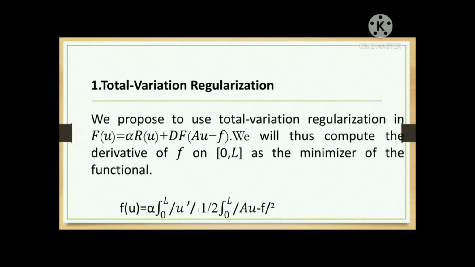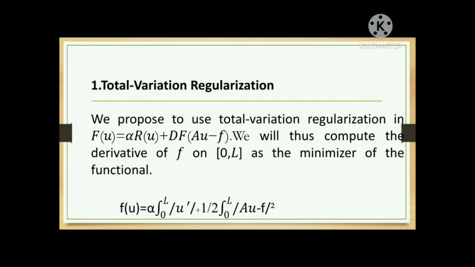Au(x) equals the integral from 0 to x of u, the operator of anti-differentiation. D_F(Au minus f) is a data fidelity term that penalizes the discrepancy between Au and f. And alpha is a regularization parameter that controls the balance between the two terms.